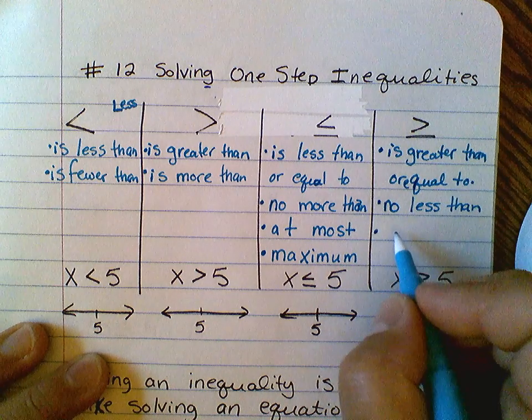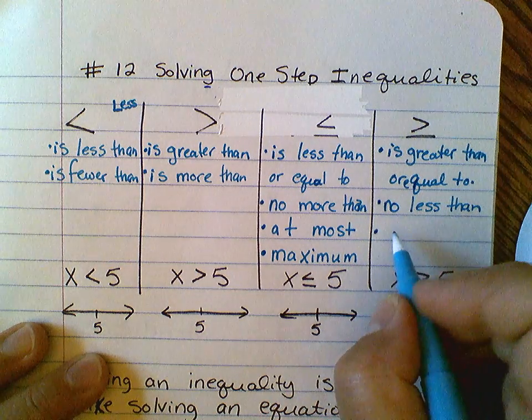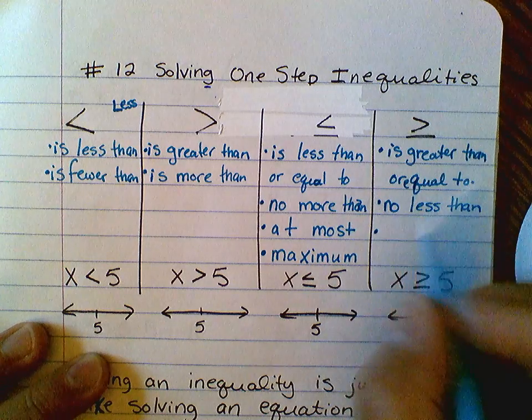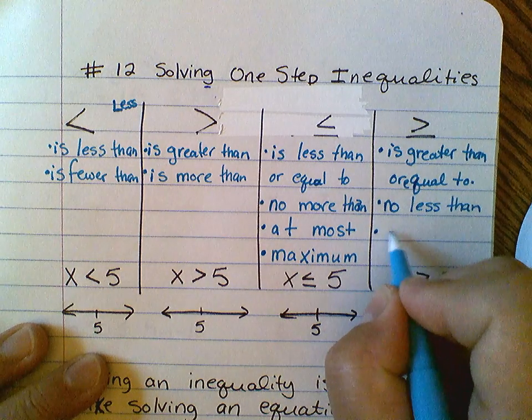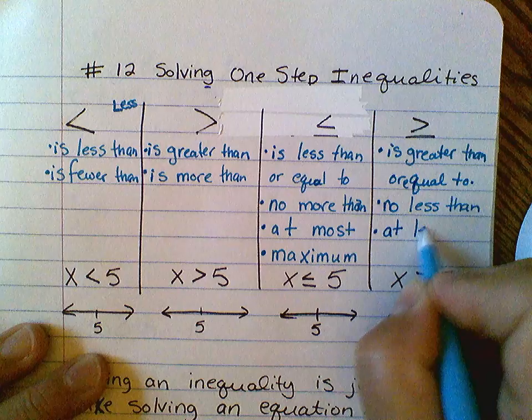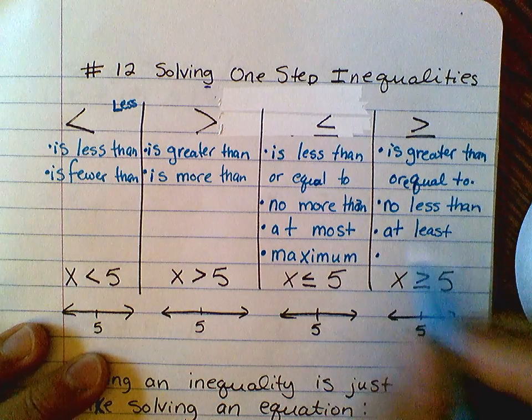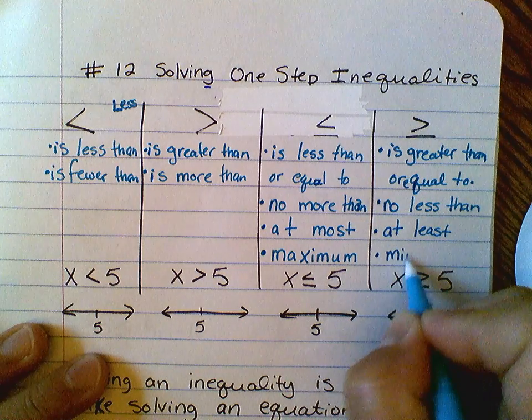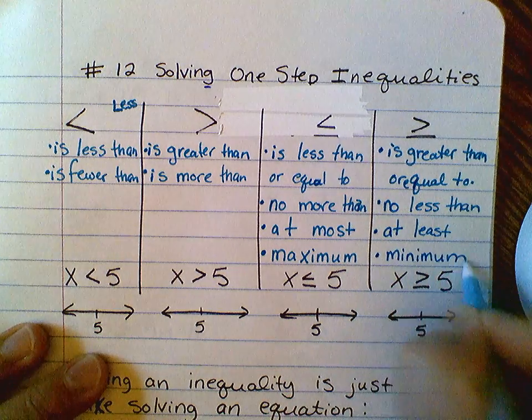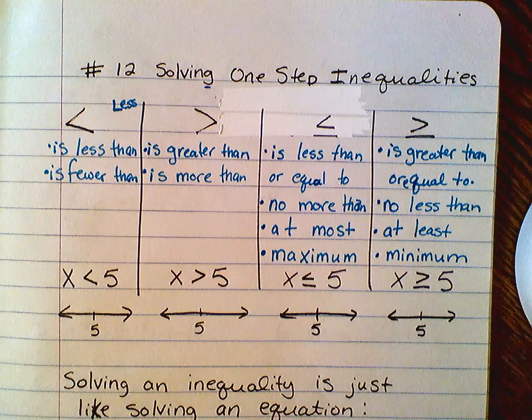If you have to have a 60 or higher to pass the class, you have to have at least a 60. Or you could say the minimum that you could have to pass is a 60.